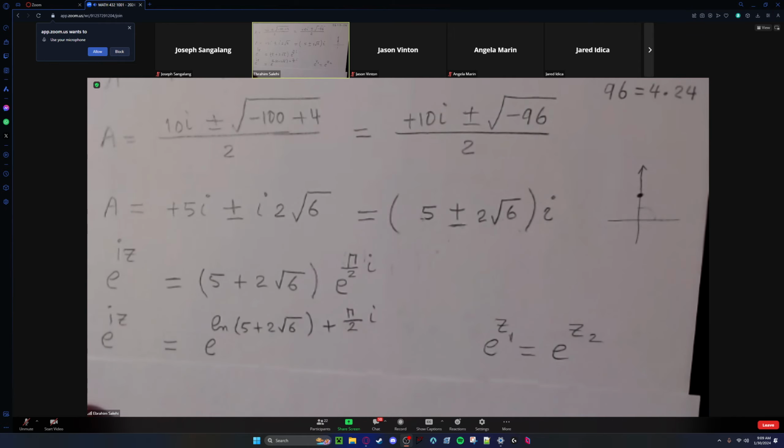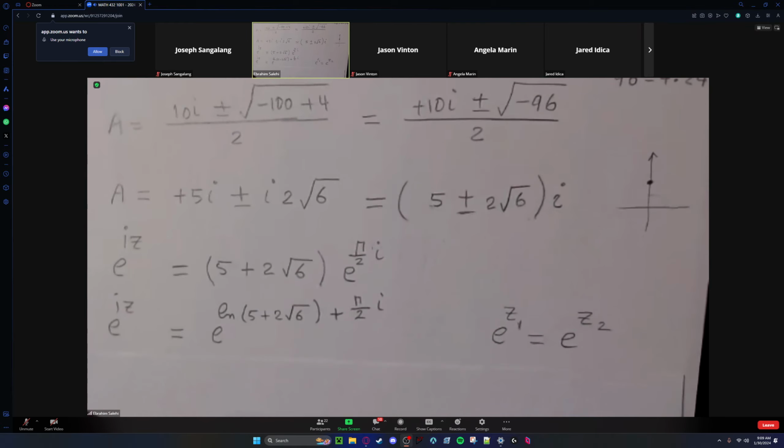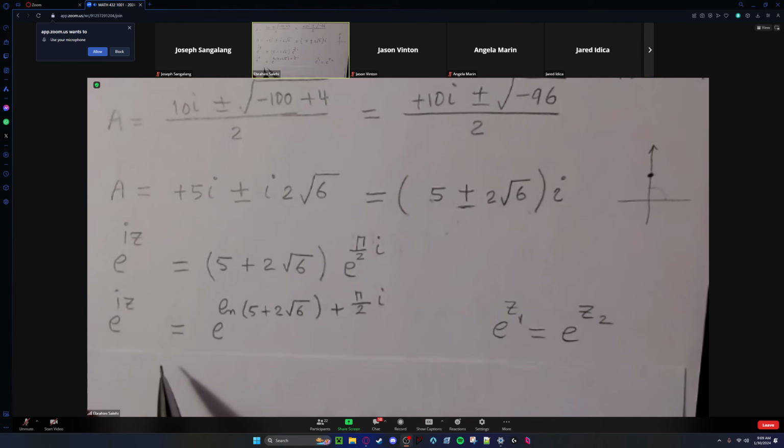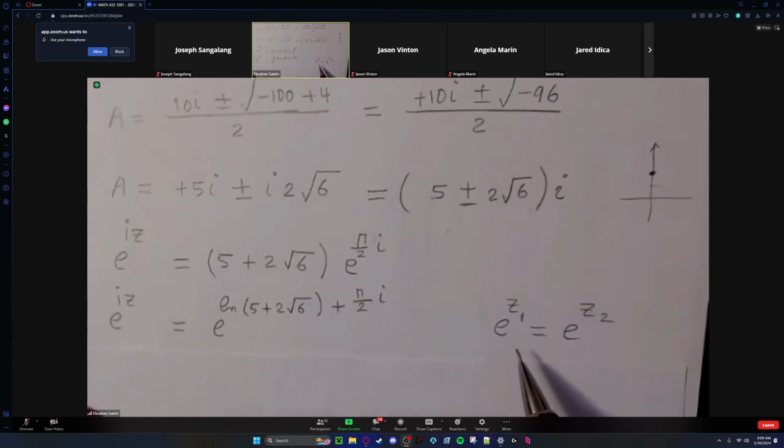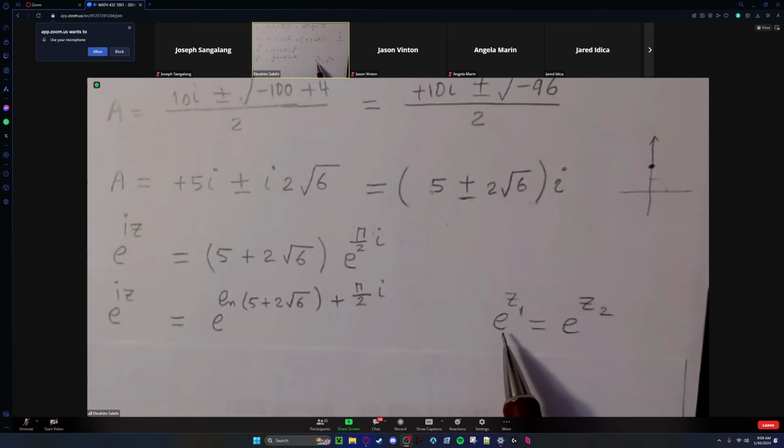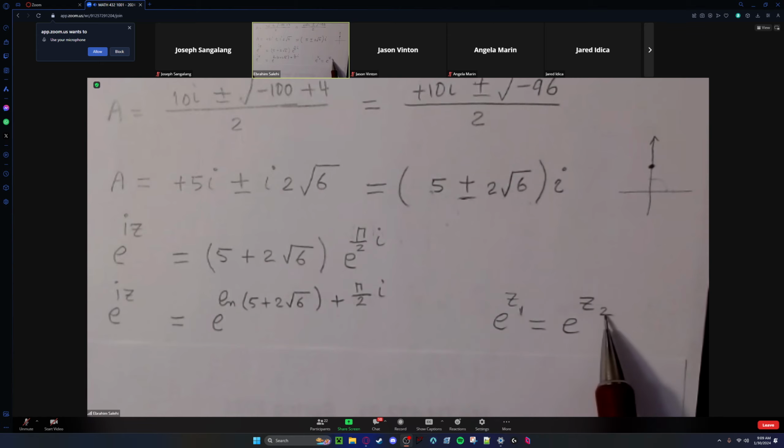I will talk about log momentarily. Whenever in complex analysis you have two exponential forms equal, you cannot say z1 equals z2.